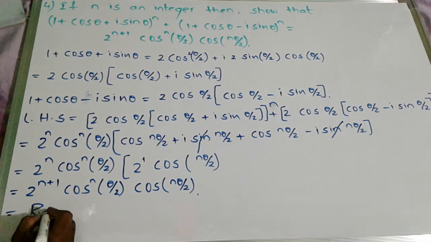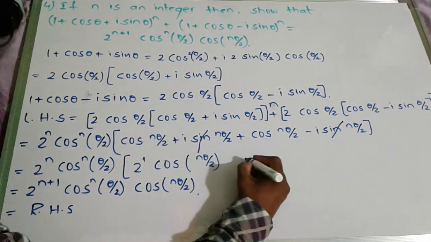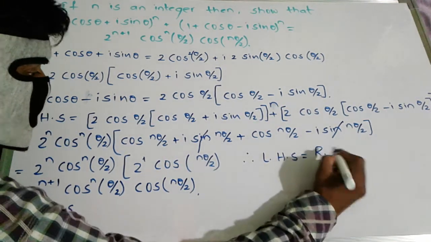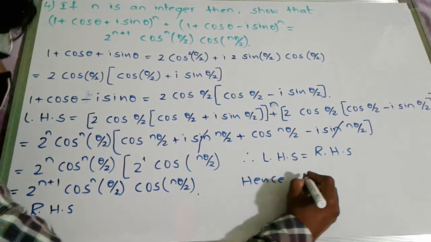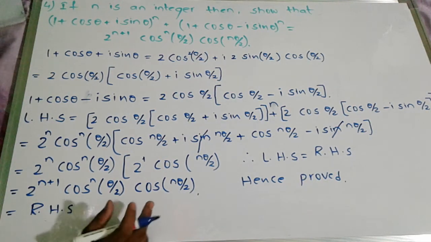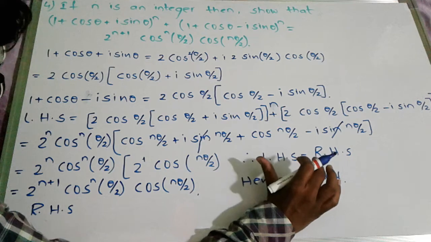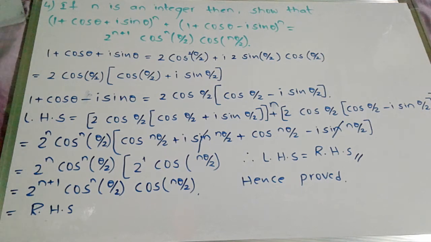So therefore, we got LHS equals RHS. So hence proved. So just remember, you have to write this last step also, because to get maximum marks you have to write this at any cost. So this is the solution for the fourth one.